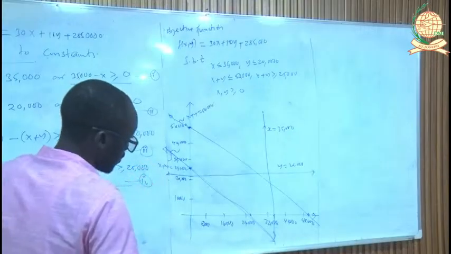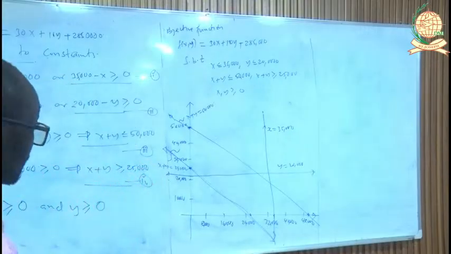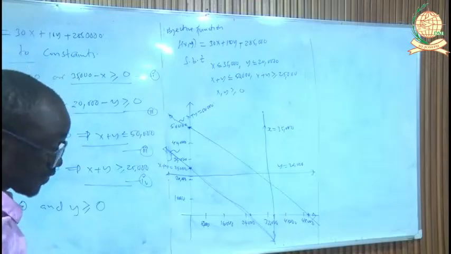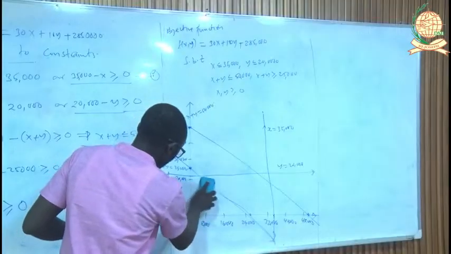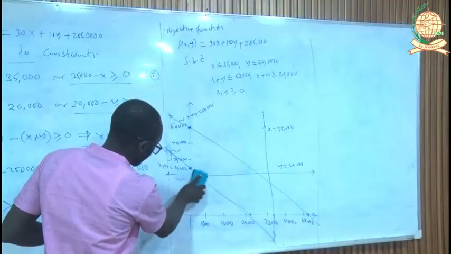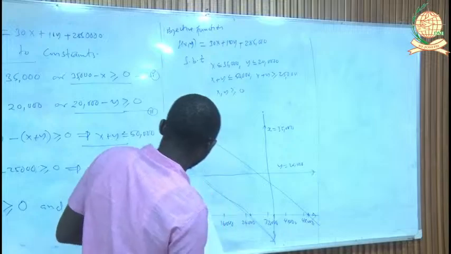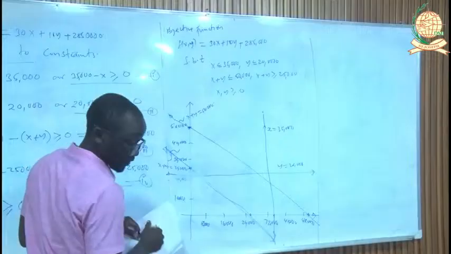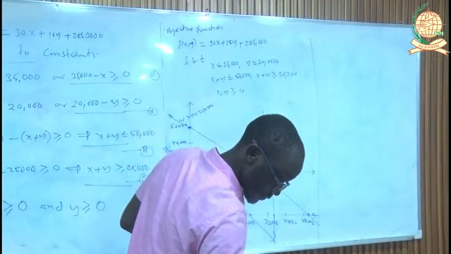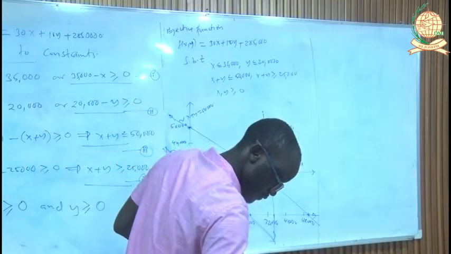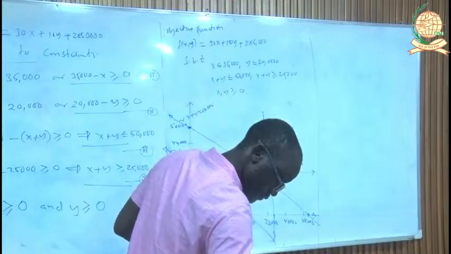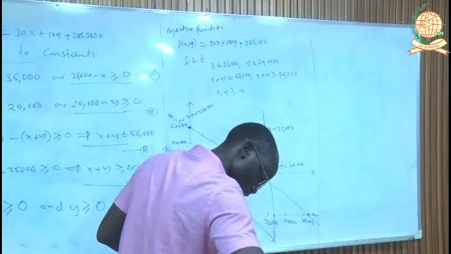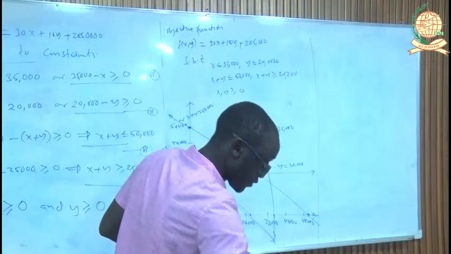So we have our inequalities. There is something we need to do here: the shading. We're going to shade our graph. I did something wrong here, and I want to correct something.